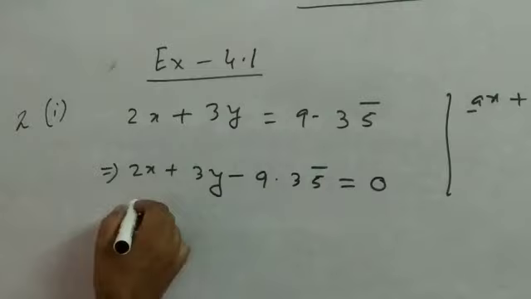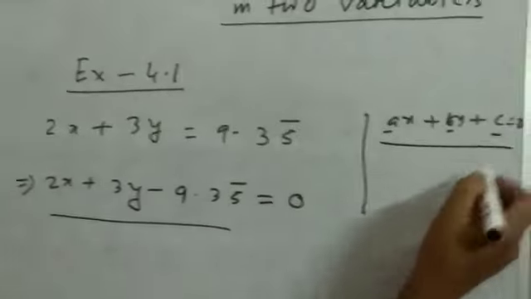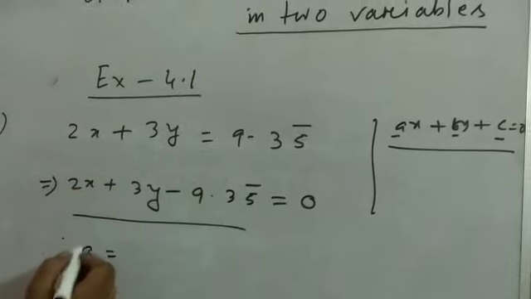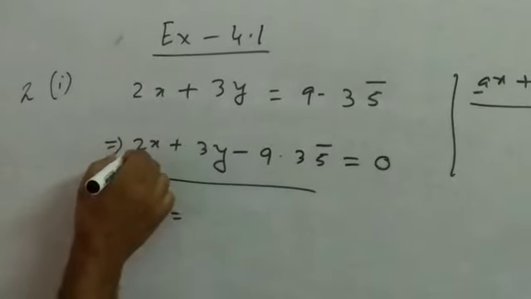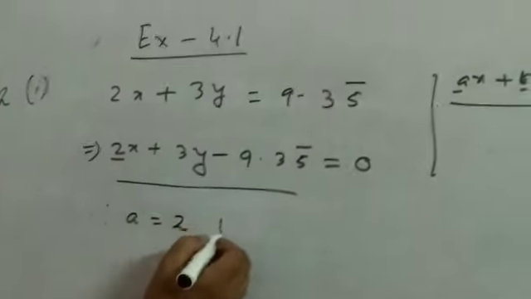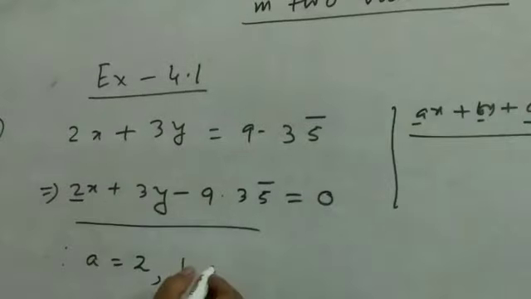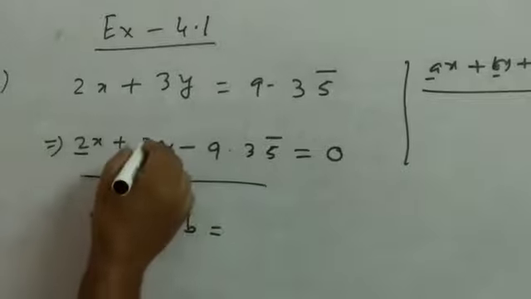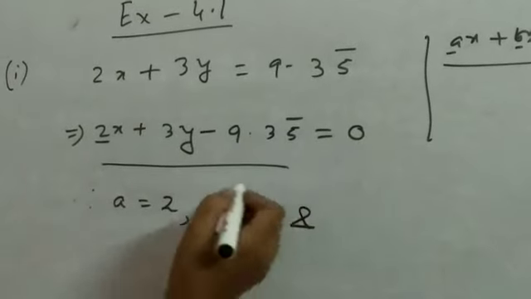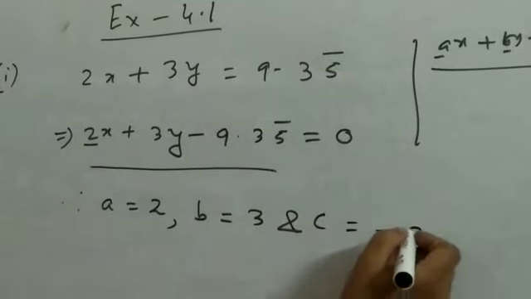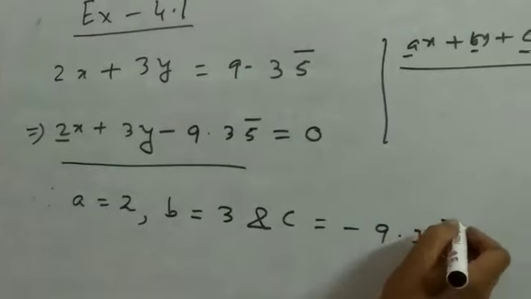Now if we compare, we have the value of a, the coefficient of x, denoted by a, and here the coefficient of x is 2. Then b is the coefficient of y, and the value is 3. And this is fully the constant term, so the c value is minus 9.35 bar.